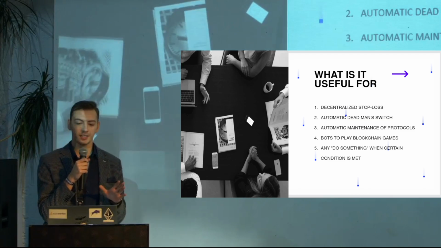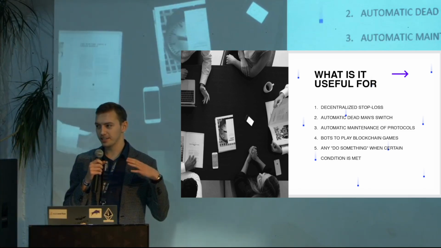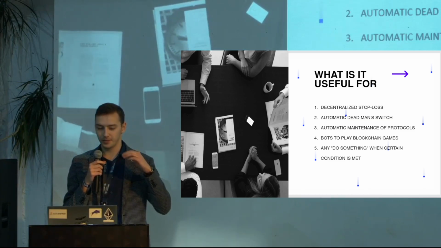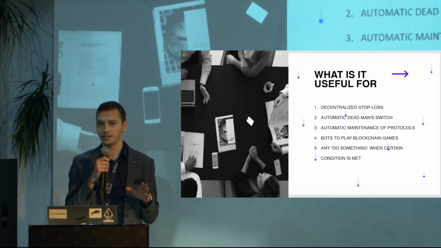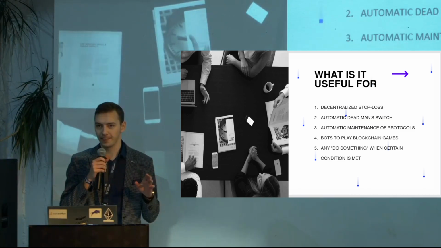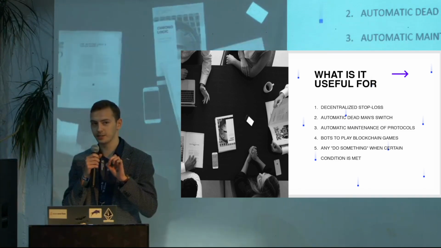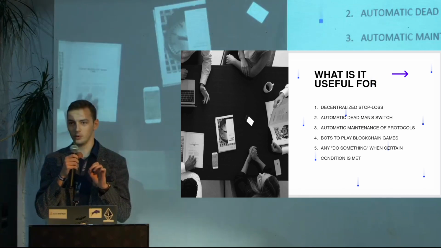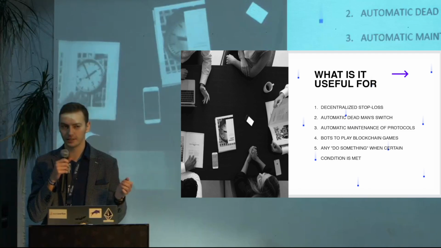So the dead man's switch is a really interesting concept. It's basically a safety switch where you have one wallet with some funds on it, and a second wallet, and when there is no activity on the first wallet, for example for 6 months, then you are allowed to transfer funds to the second, predefined wallet, but just when there's no activity for these 6 months.